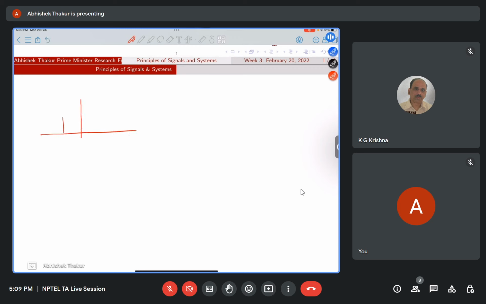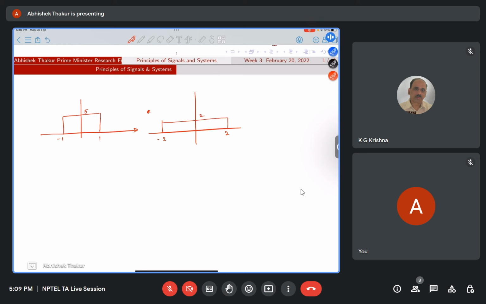So let's suppose the input is here from minus T to T, or this time let's take some quantitative numbers, like it is minus 1 to 1, and the amplitude is 5, convolved with another input that is from minus 2 to 2, and the amplitude is 2.